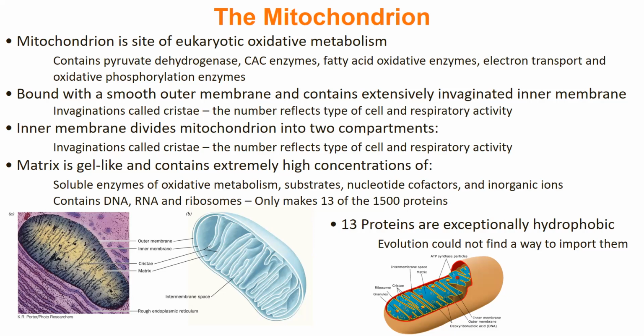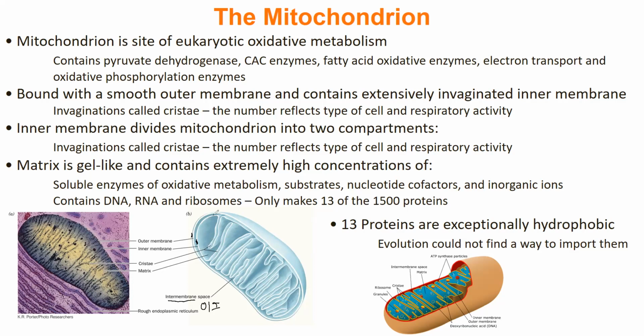The mitochondria itself is made of two membranes, right? The outer membrane and the inner membrane. Between the inner and outer membrane, we have a space that we call the intermembrane space.